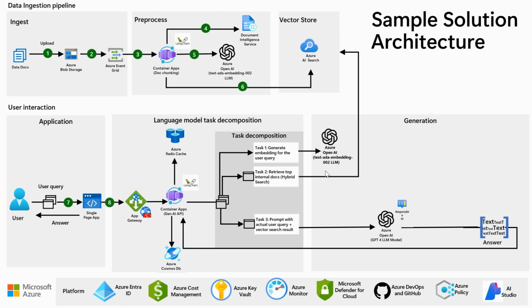So once we have the data available, the user will be asking a specific question. In this case, let's say you build a single page app, and that app is going to interact with your LLM. It's going through a layer 7 gateway here, and then it is hitting the container apps.